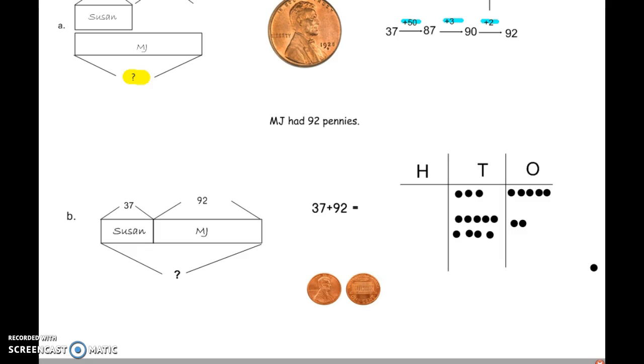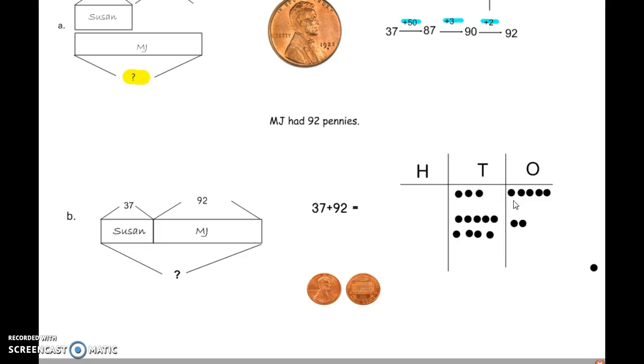I have put 37 on my place value chart, and that's represented by these place value discs here. So count these with me as I count them out loud. 1 ten, 2 tens, 3 tens, and then I have 7 ones.